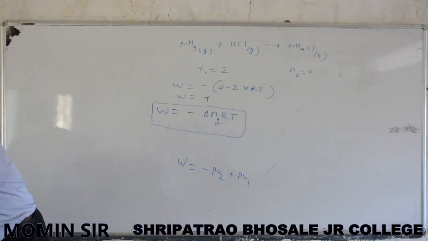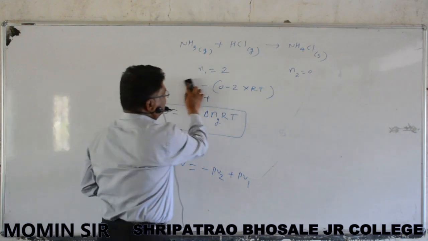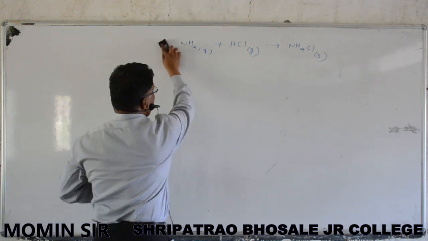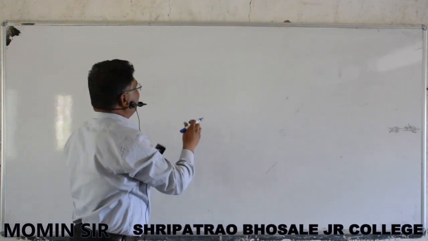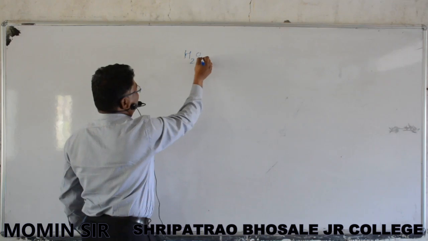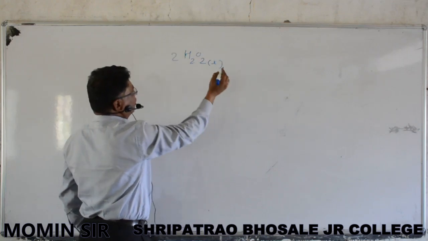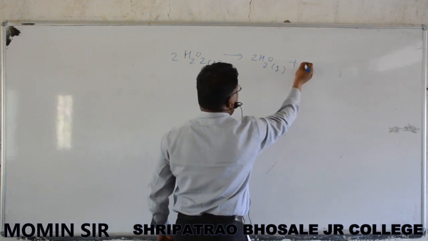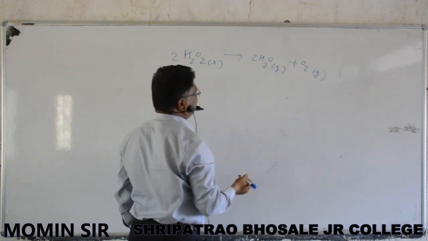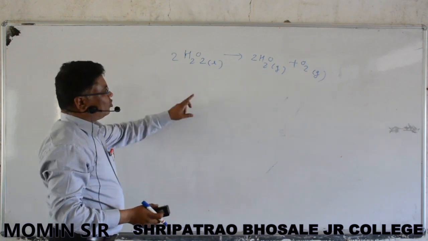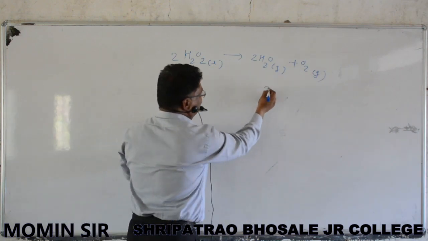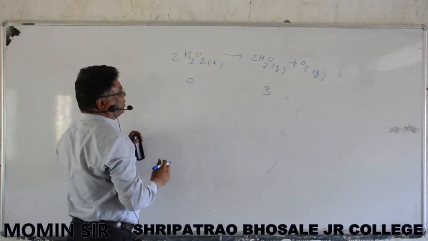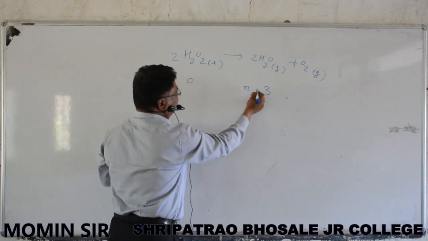Similarly, we will take another example, hydrogen peroxide H2O2 liquid, 2 molecules, it gives 2 H2O gaseous plus O2 gaseous. Here the number of moles of gaseous products is 3, 2 moles of H2O and 1 mole of oxygen, and the number of moles of gaseous reactants is equal to 0.